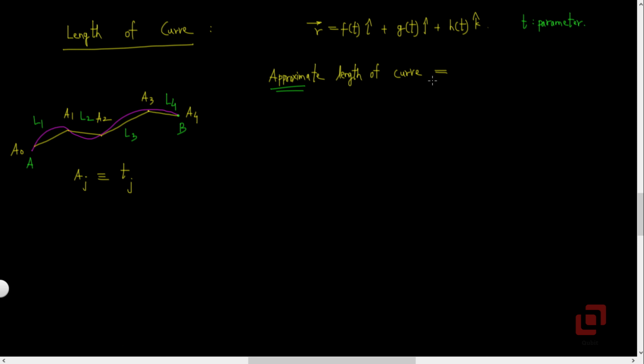So the approximate length of the curve using the summation notation will be the summation of Lj, as j runs from 1 to 4. Note that the length of the jth segment Lj is nothing but the norm or the magnitude of the vector A(j−1)Aj bar.